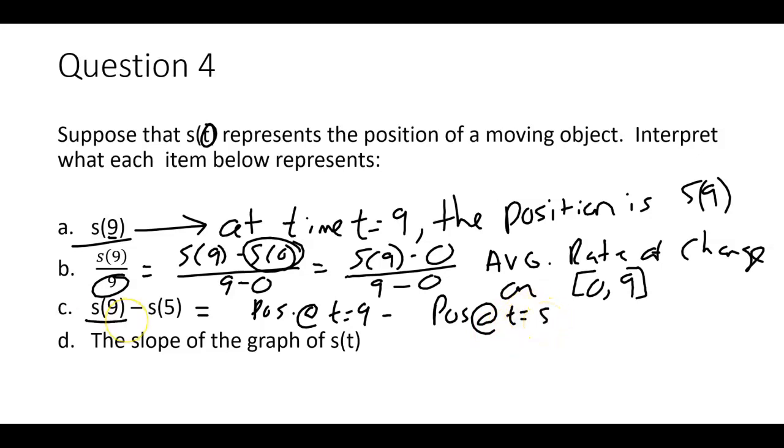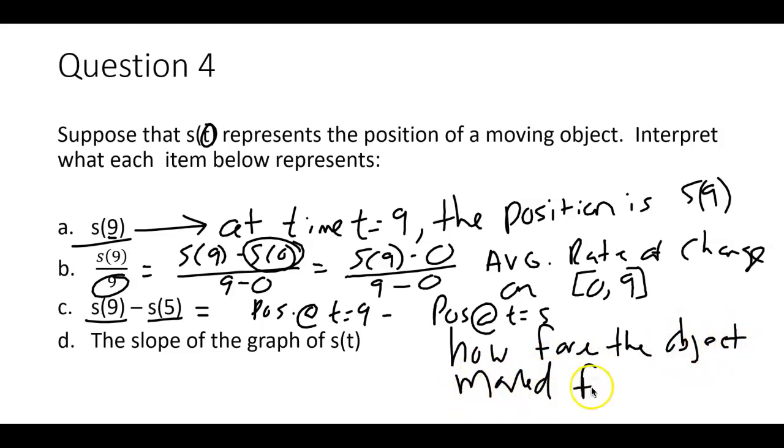Well, if the object's located at some position at 9 and we subtract from that the object's position at 5, basically what that's going to tell you is how far the object moved from t equals 5 to t equals 9. Okay, so this basically represents a distance.